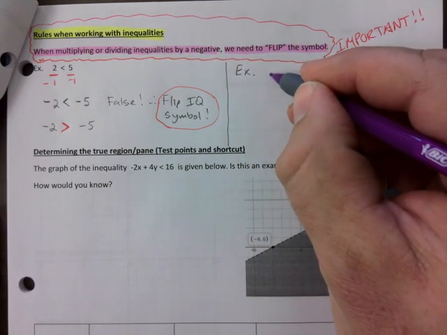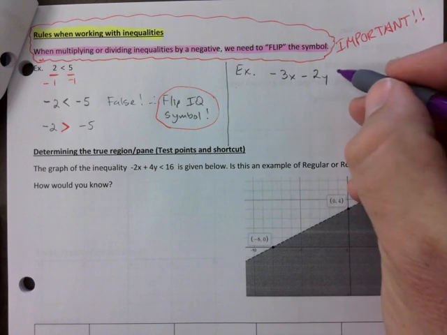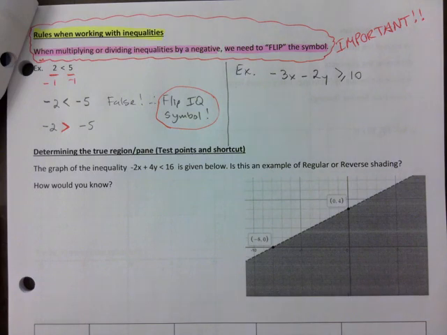Example, you have negative 3x minus 2y is greater than or equal to 10, let's say. Did you know that you can work with them just like you would with an equation? You can do the same thing. You can bring stuff over.